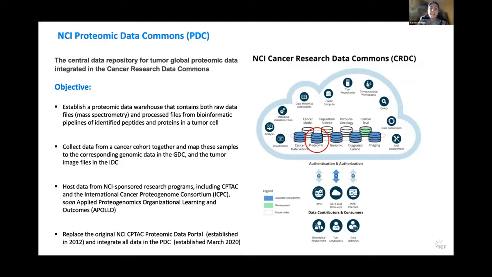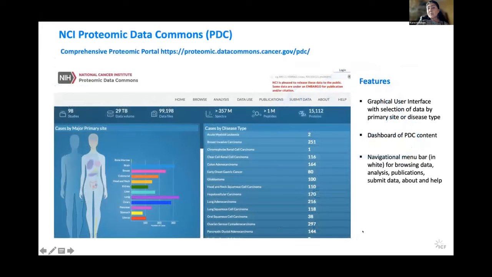Right now it hosts NCI-sponsored research programs, including the CPTAC program, the International Cancer Proteogenomic Consortium, ICPC, and soon it will also host proteomic data from the Apollo research program, which is from the VA and the DoD. This data repository is fairly new. It was established in 2020, and it took over from the original NCI CPTAC proteomic data portal that was established in 2012.